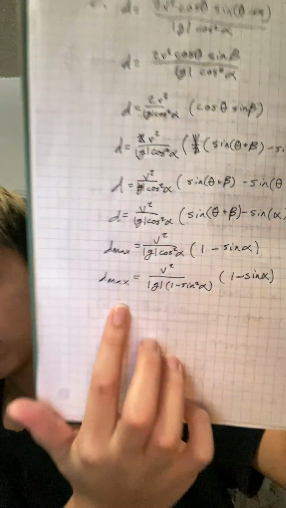So d max is equivalent to v squared over the absolute value of g times 1 minus sine squared alpha, all of that times 1 minus sine of alpha. Here.